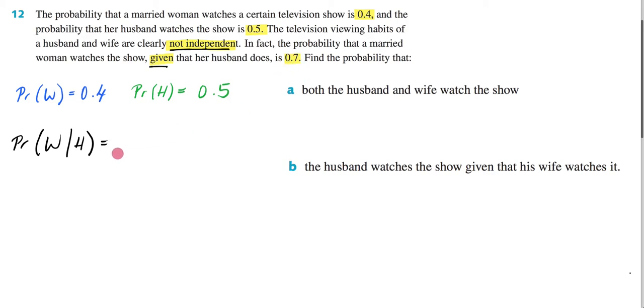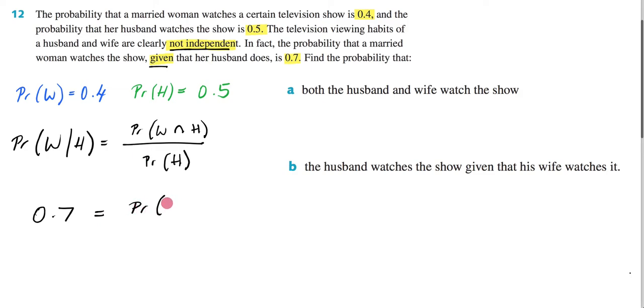But before I write that, I want to write down my formula for this. It's the probability that the woman intersection the husband watches the show, divided by the probability that the husband watches the show. Now I can start to slot in the pieces that we know. We're told this is 0.7, which equals the probability of the woman intersection the husband, over the probability of H, which is 0.5.